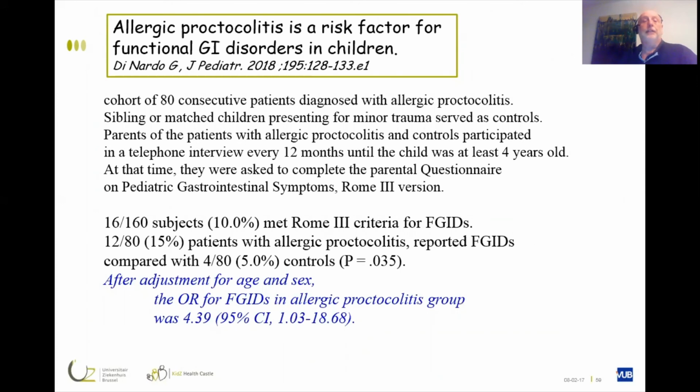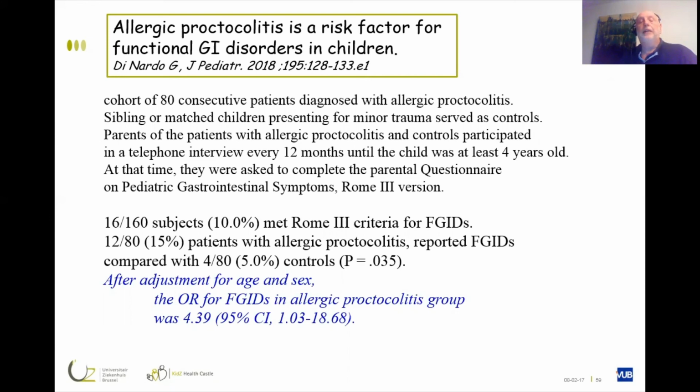Allergic proctocolitis is reported to be a risk factor for functional gastrointestinal disorders in children. After adjustment for age and sex, the odds ratio for functional gastrointestinal disorders in the allergic proctocolitis group was 4.39.